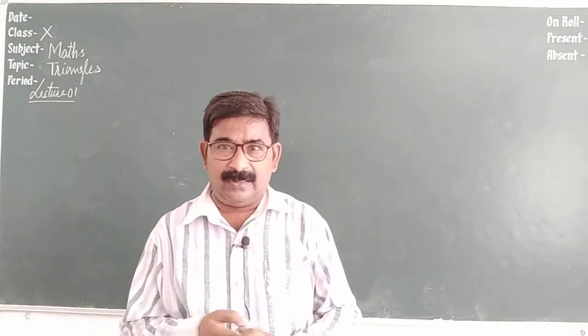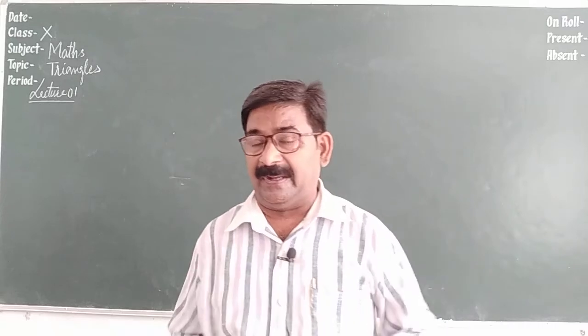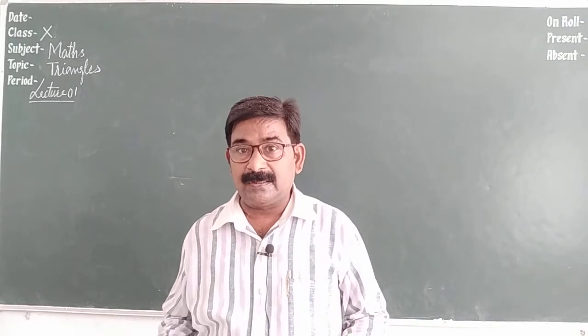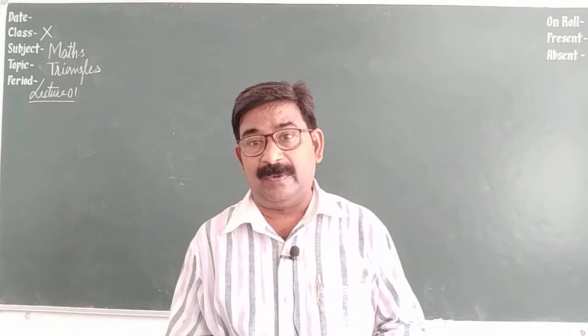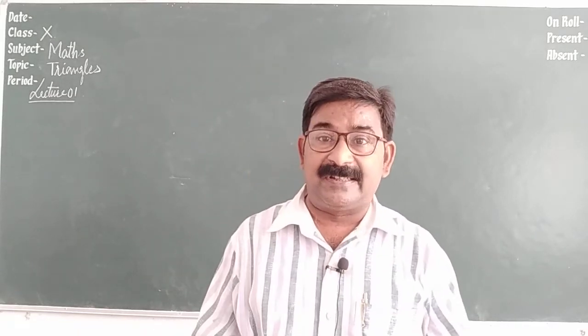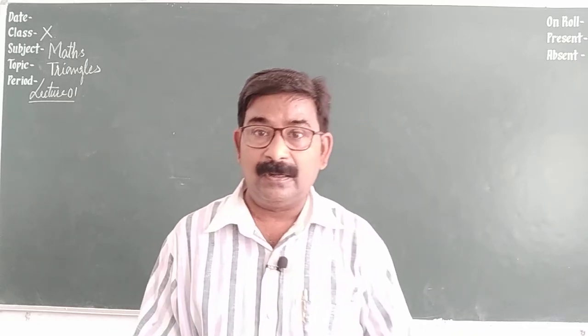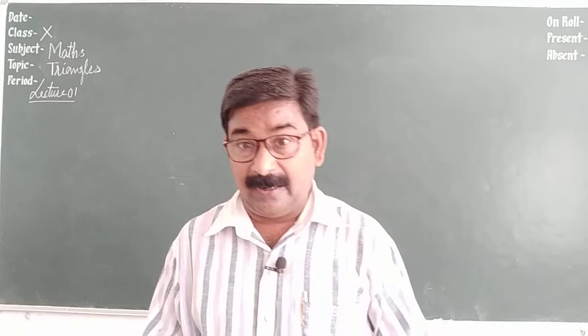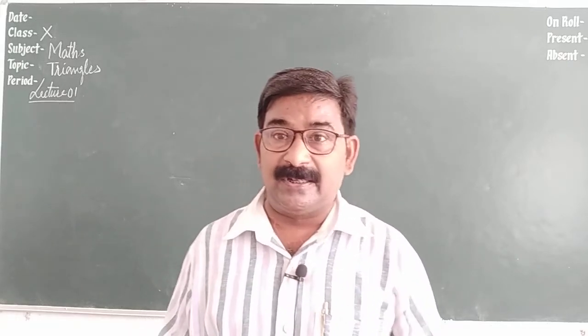Try to understand the words I have told: may or may not be. It means if the figure is same in shape but not in size, it is similar. And if the figure is same in shape and size both, it is congruent.